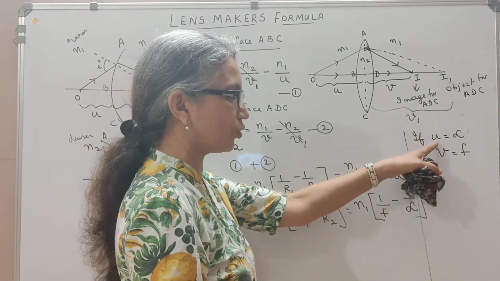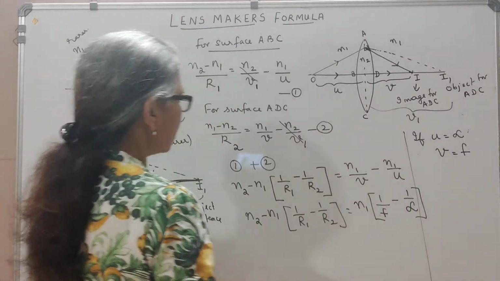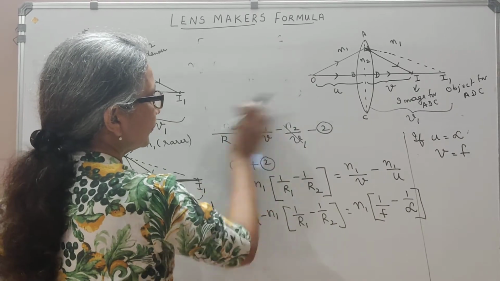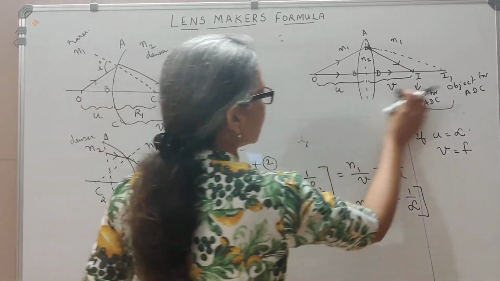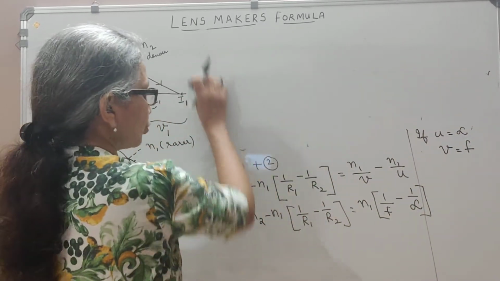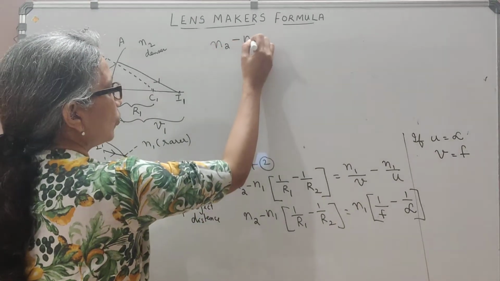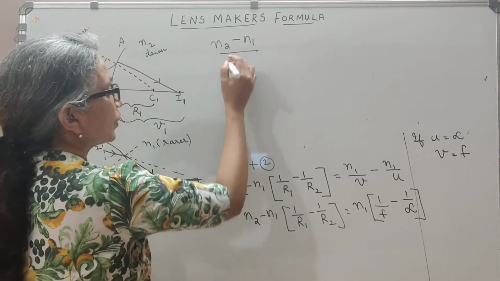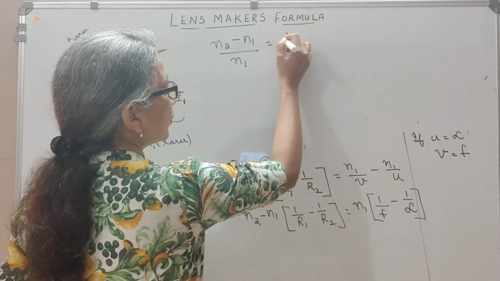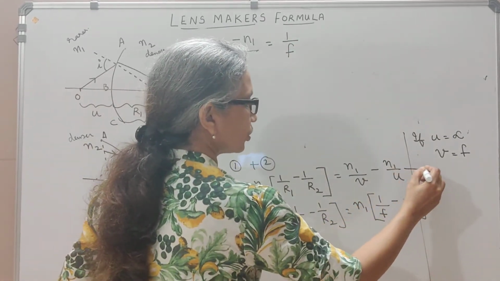So here we have taken the case where you've kept your object at infinity, the image has to be formed at the focus. So we may rewrite this. Going back to the top, this is going to be N2 minus N1 by, I'm going to bring N1 to the left hand side.